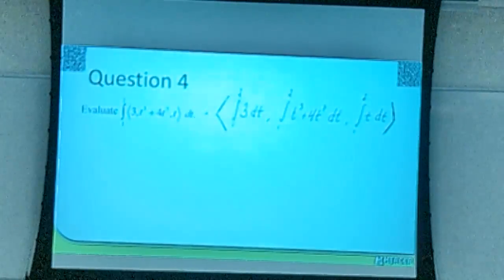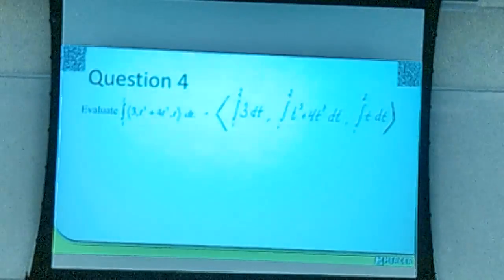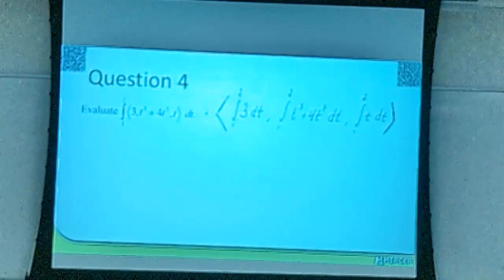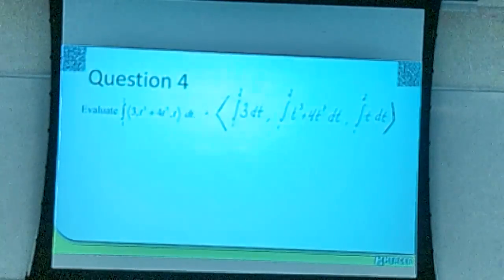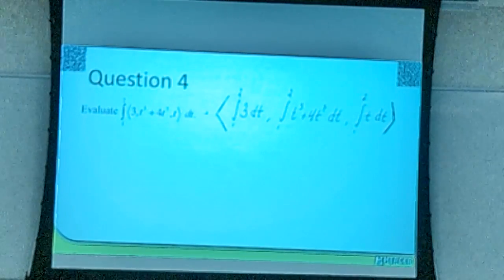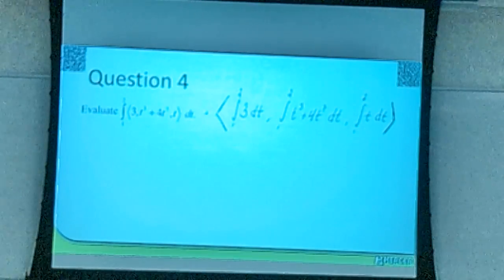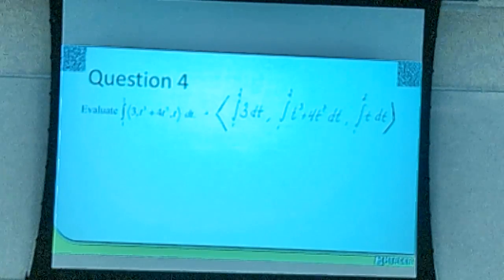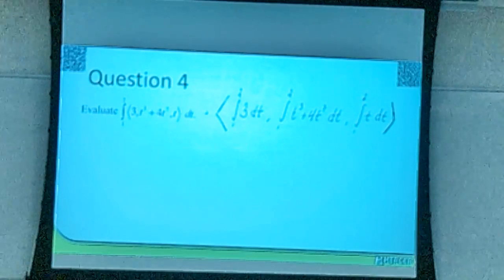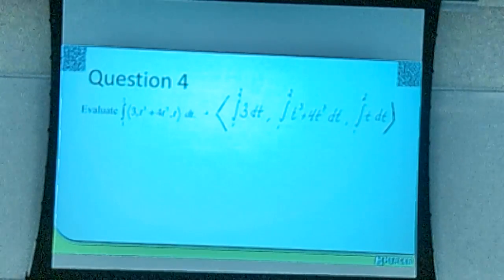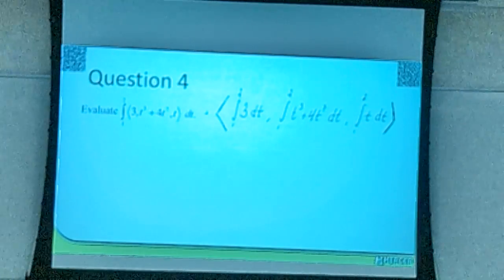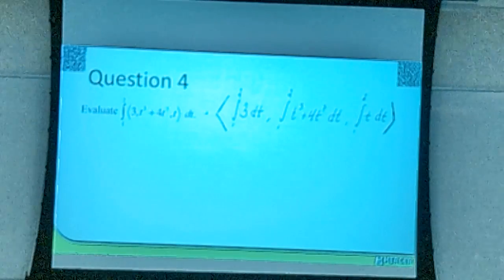I'm sure we're going to be taking an antiderivative. And what do you do with the antiderivative? You evaluate at the bounds. Say that big F is your antiderivative. Find the antiderivative, big F, then it's big F of 2 minus big F of 1. What was that result called?